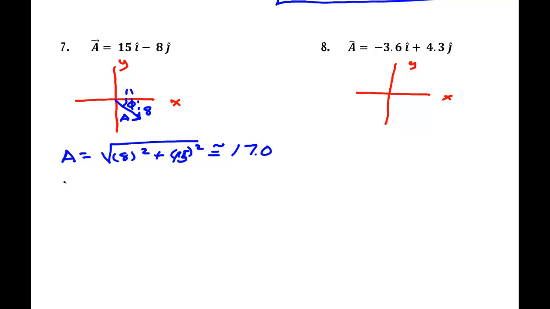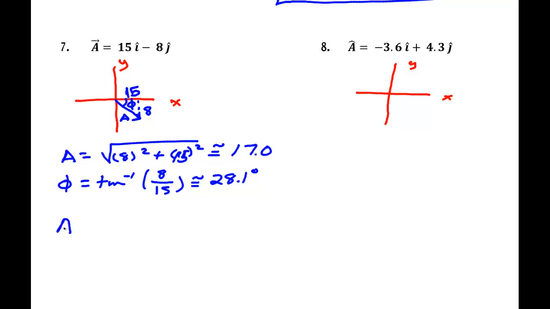All right, and then phi is the inverse tangent. Well, I put 11 up there. That's the reason I got the 11. All right, of 8 over 15. And I get 28.1 degrees. However, you're going clockwise, which is a negative.